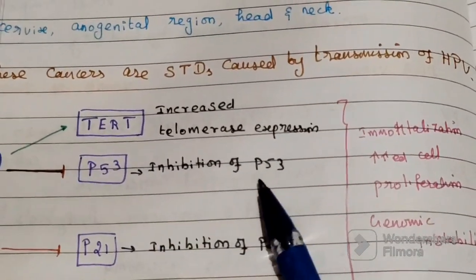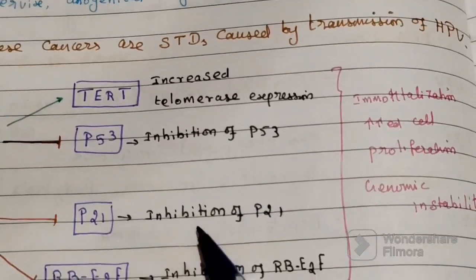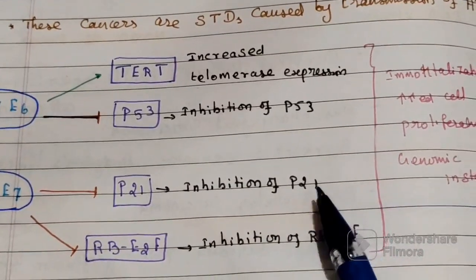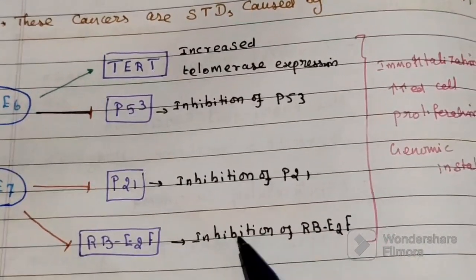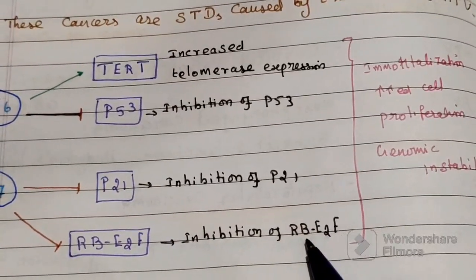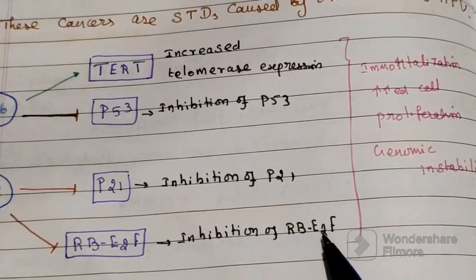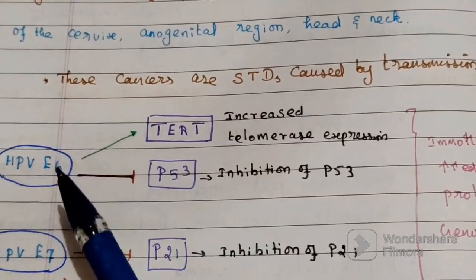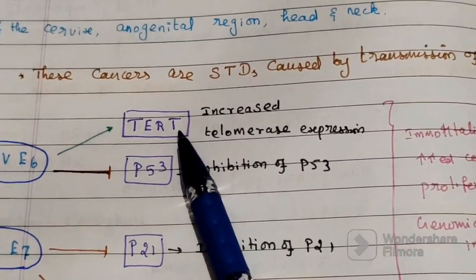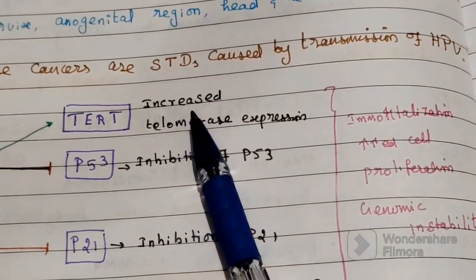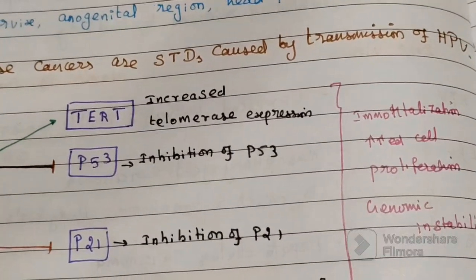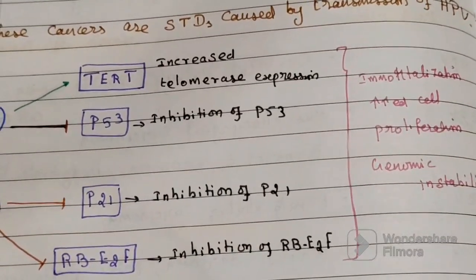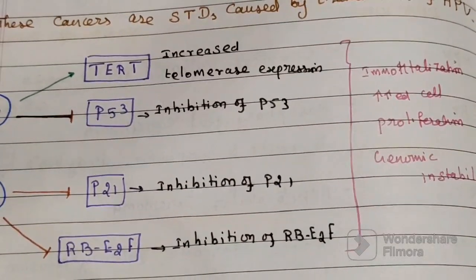P53 is inhibited, P21 is inhibited, and RB retinoblastoma, E2F is inhibited. After mutation, TERT gene will be stimulated; the remaining three will be inhibited.